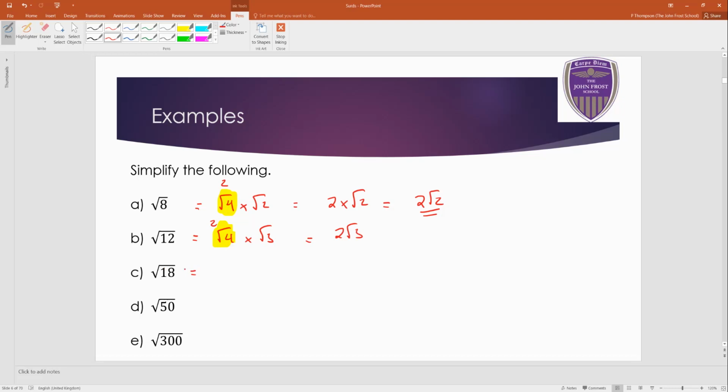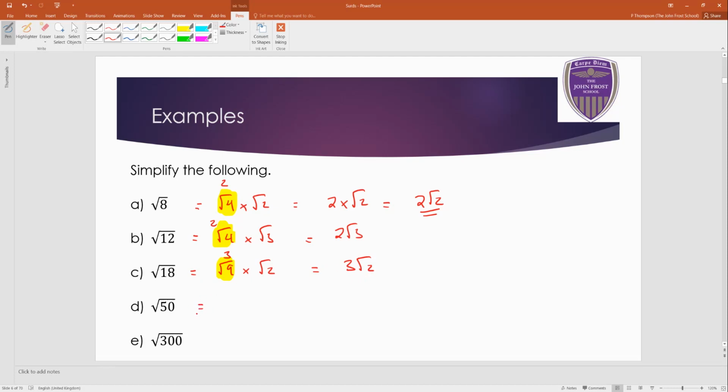Now, root 18, if you think about 18, 4 doesn't go into it, but the next square number, 9, does. Okay, so I think 18 is 9 times 2. And I picked 9 because 9 is square. Remember, the root of 9 is 3 because 3 squared is 9. So this is going to be 3 root 2. 3 times the square root of 2.